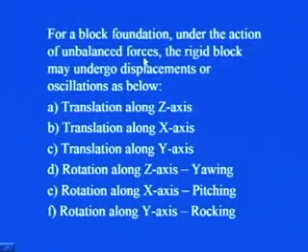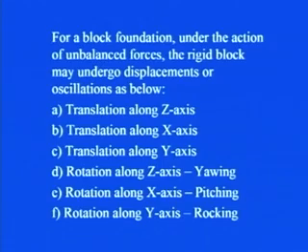For a block foundation, under the action of unbalanced forces, the rigid block may undergo displacements or oscillation as below. As you know, in case of any foundation, it can translate or rotate. There are 3 axes, 2 axes in the horizontal direction perpendicular to each other, and one vertical axis.